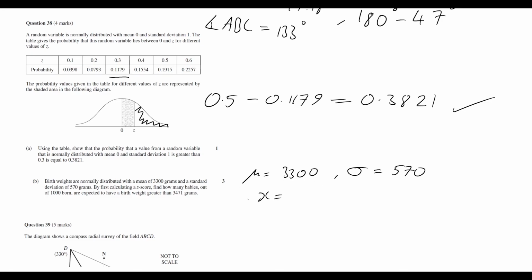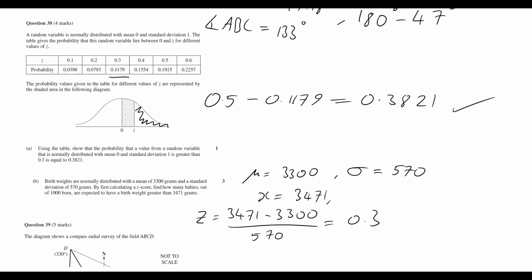So we're going to go ahead and let x equal 3,471. And then we know according to our z-score formula that z is equal to x minus mu all over sigma. So just putting in that data now, we get 3,471 minus 3,300 and divide through by 570. And we find that the z-score is equal to 0.3.